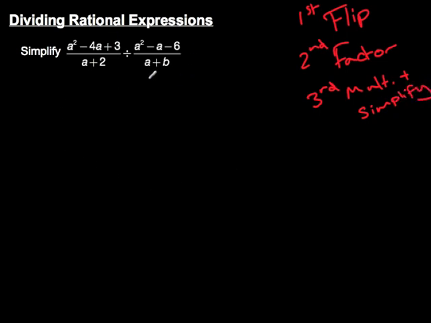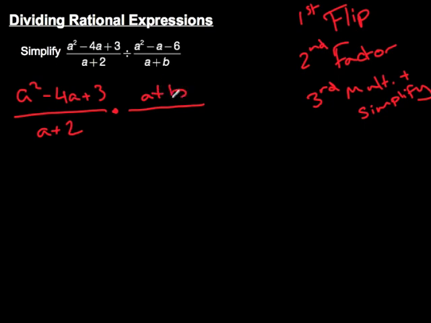So flipping that second fraction over, we get a squared minus 4a plus 3 over a plus 2. By flipping it, we now turn it into multiplication. a plus b is in the numerator, and a squared minus a minus 6 is in the denominator. Now we factor everything.